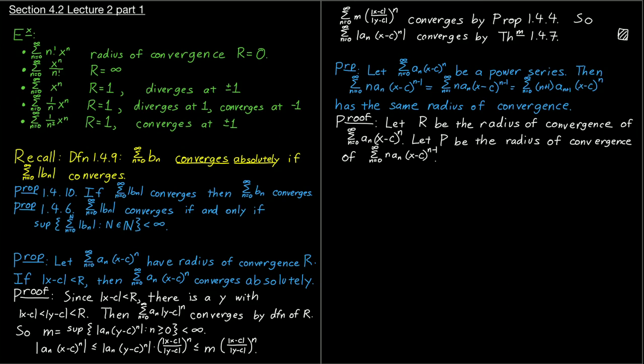All right, so here's the easy direction. We're going to show that R is at least as much as P. So let's suppose |x - c| < P. Then by the previous proposition, we have that our series converges absolutely.